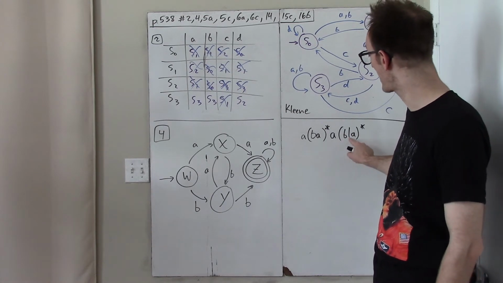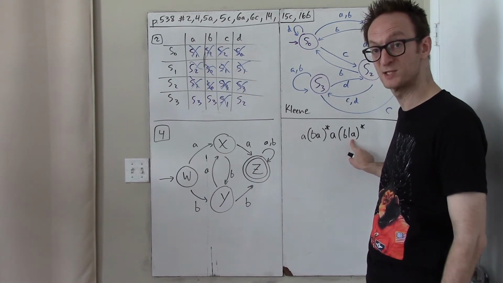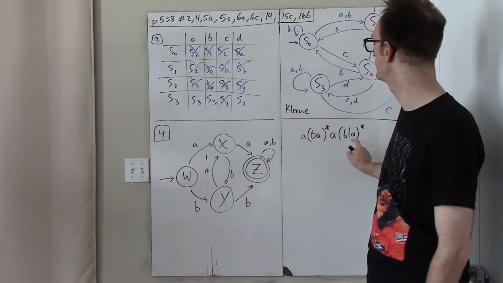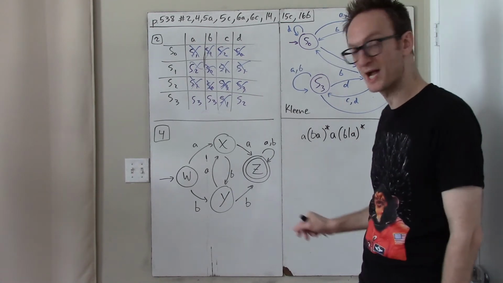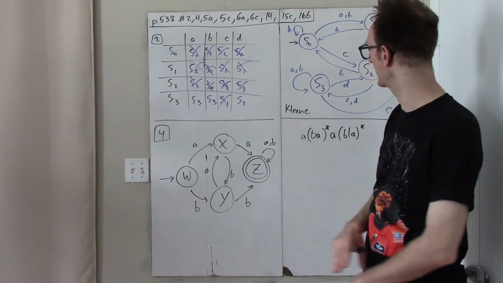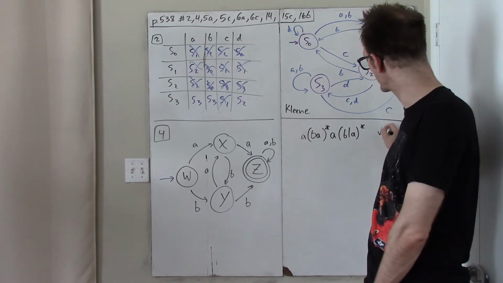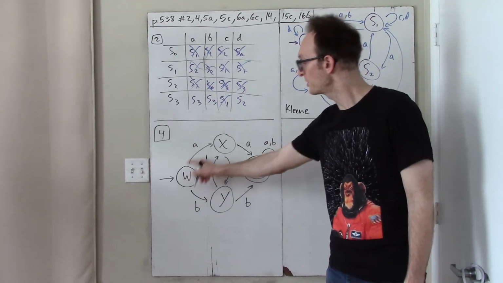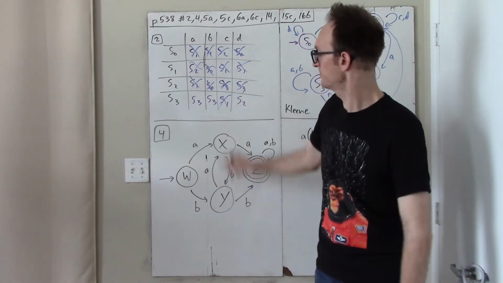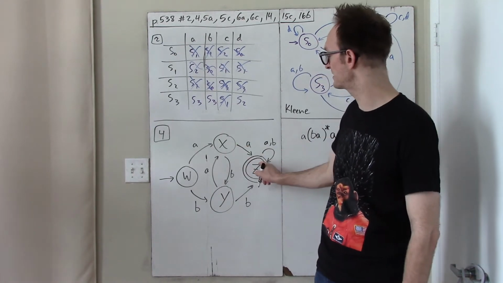So some number of times, possibly 0, possibly as many as you want, you should have an A or a B, which is just another way of saying end the string however you like. This captures the path through the machine that goes W to X, then some cycles with X and Y, and then back to Z again.